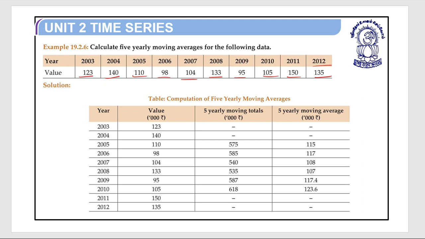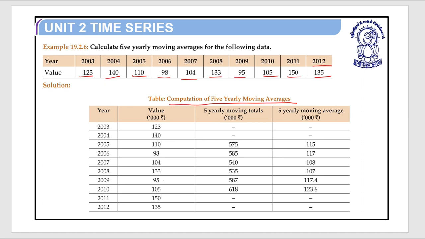Now table computation of 5 yearly moving averages. Year 2003 to 2012. Values 123, 140, 110, 98, 104, 133, 95, 105, 150 and 135. 5 yearly moving totals.